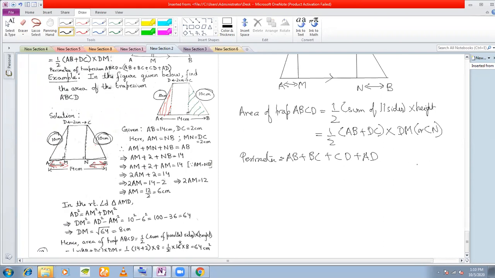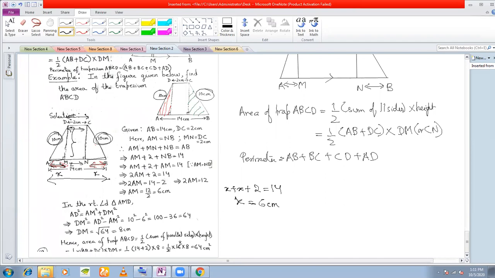And therefore how do we find out the area? You know the length of the parallel sides. This parallel side is 2 centimeters, and this parallel side is 14 centimeters. What is left to find? Only the height is left to find. So how will you find it? If you take this length as x, then x plus MN, which is the same as DC, 2 centimeters, plus x must be equal to 14. That means you can find x to be 6 centimeters.